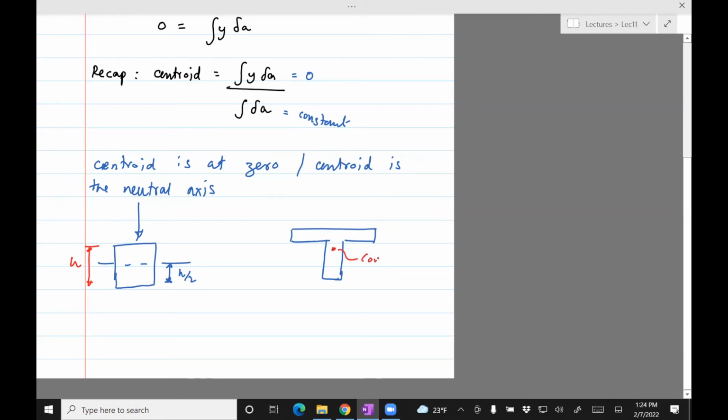So compute the centroid, which is y dA, and then that is your neutral axis.